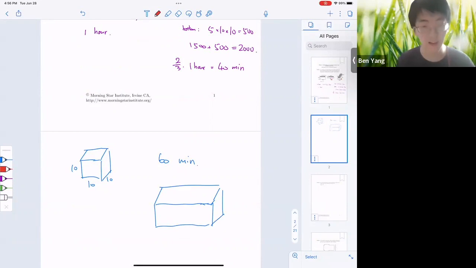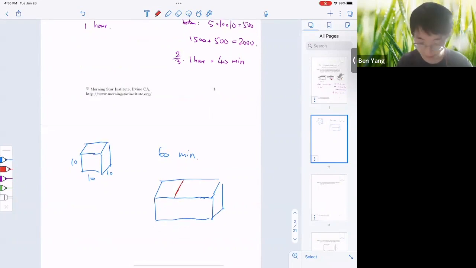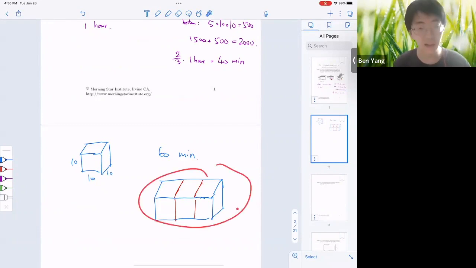Okay, and then I can cut it. Now we have 3 containers here. And each of them is like the 10 by 10 by 10 container. So if you just put that container outside, it will take 60 minutes to fill it up.